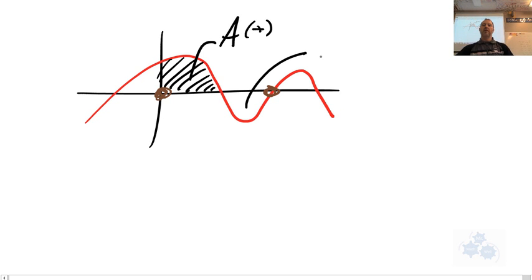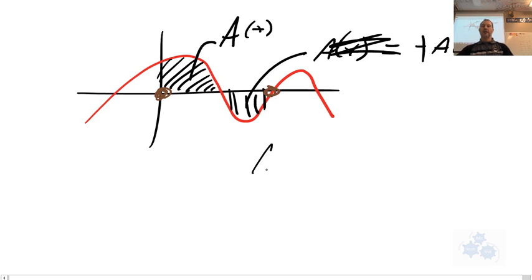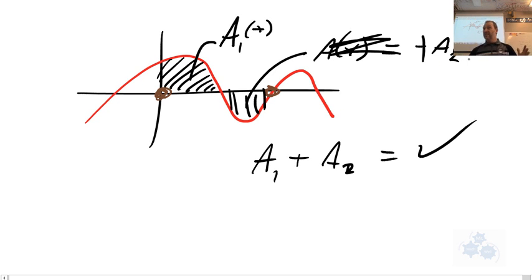Then you could separately find this area right here, which is actually going to be, in actuality, the negative area. And so you know that's going to be a negative. You flip the sign over here, and then you add them. A1 plus A2, and you're good to go. Does that make sense?